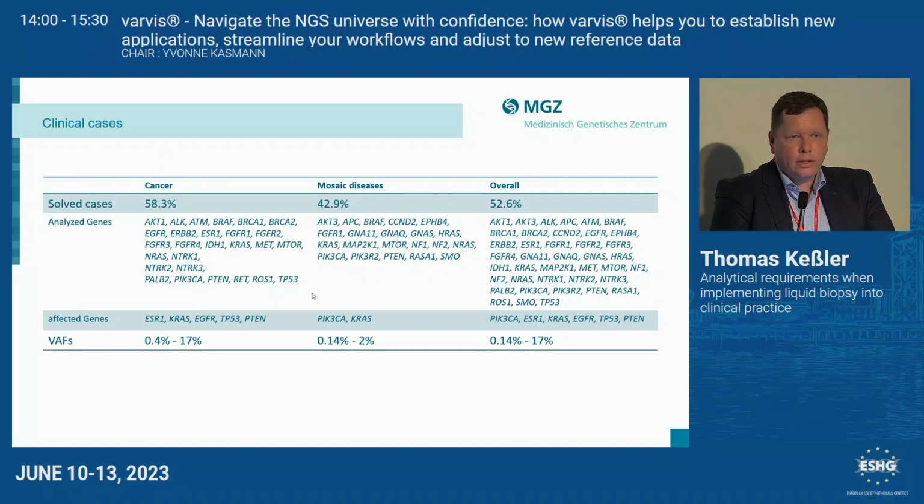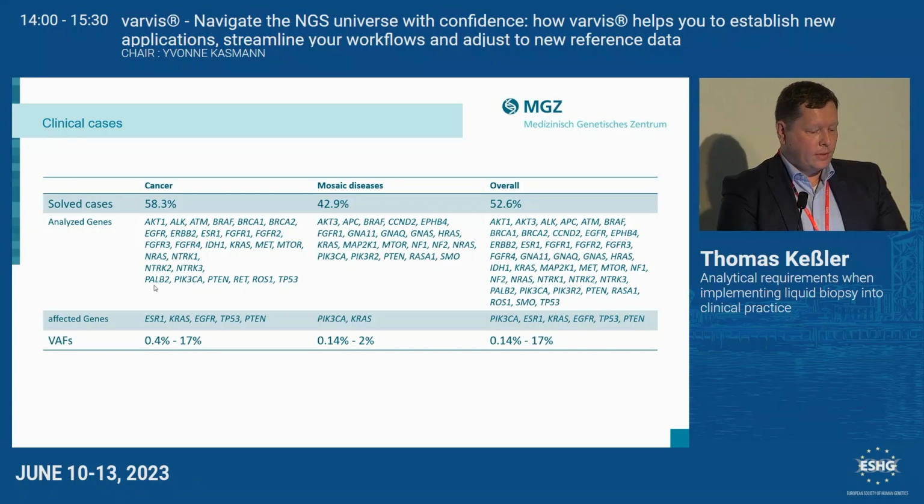So what we are using this for at the MGZ is basically to try to solve cases of cancer and also to apply it to patients with overgrowth syndromes that may carry variants in cancer-related genes, with mutations that may be very well known from cancer already as activating or inactivating.